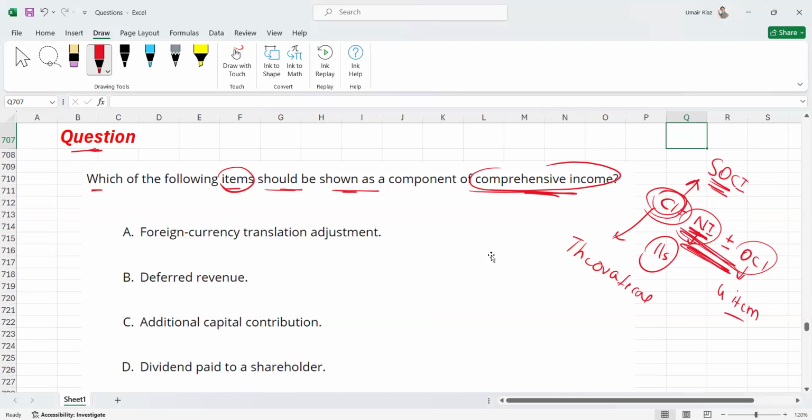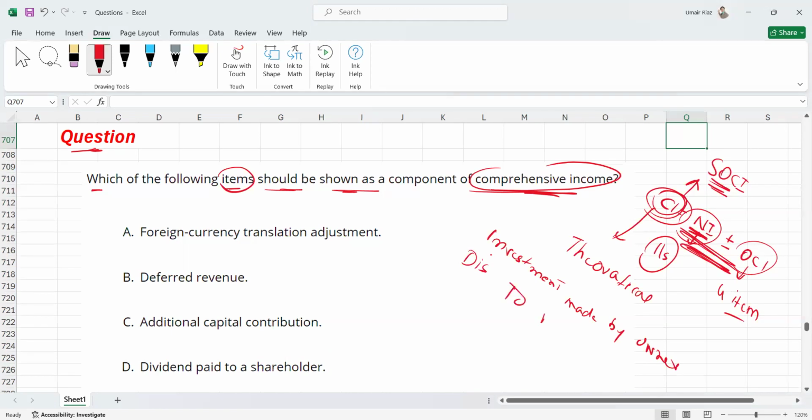Comprehensive income includes all changes in equity of the business except investment made by owners.